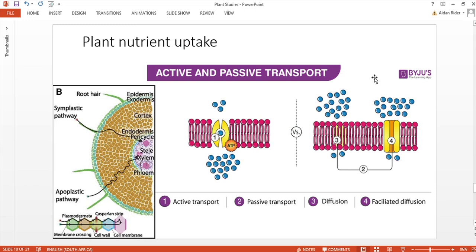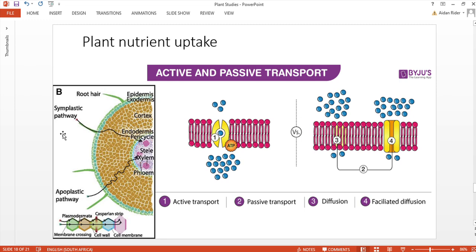Now we know all the different elements in the soil that the plant needs, but how does the plant get them? How do they absorb all these nutrients from the soil into their root system and stem and so on? In the previous video, we talked about the two routes or pathways that water can take, how water enters into the root system of a plant through osmosis.